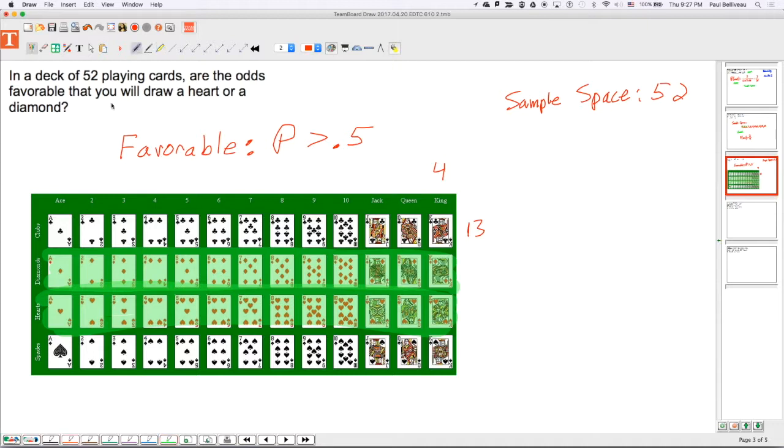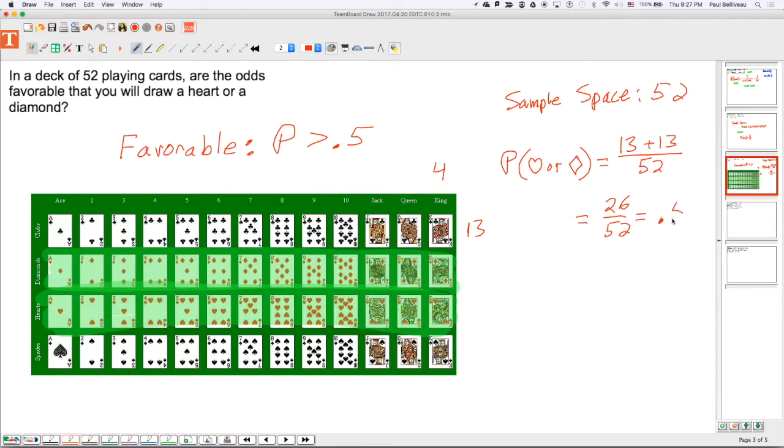So our probability then, the probability of a heart or a diamond equals, well, let's see, there's 13 hearts and there's 13 diamonds out of 52 cards. That is 26 out of 52.